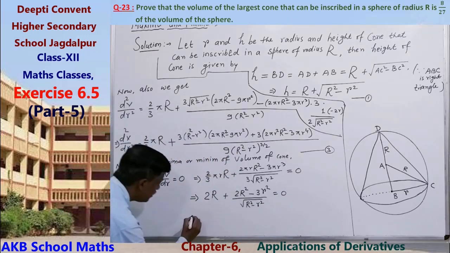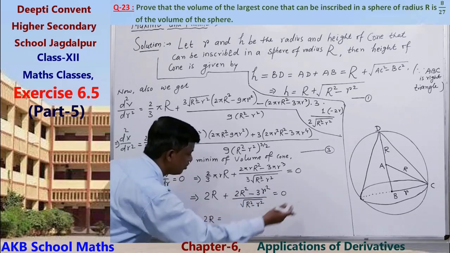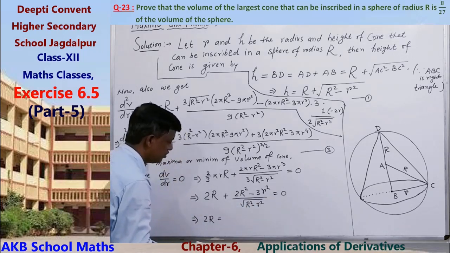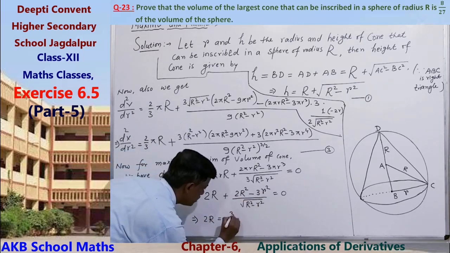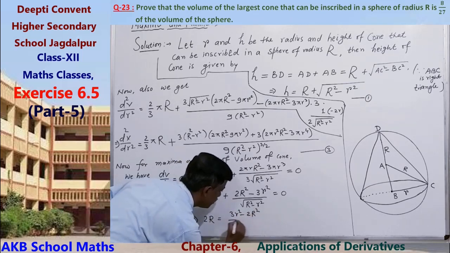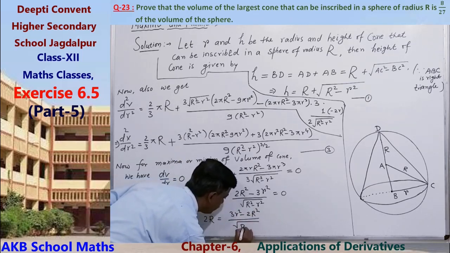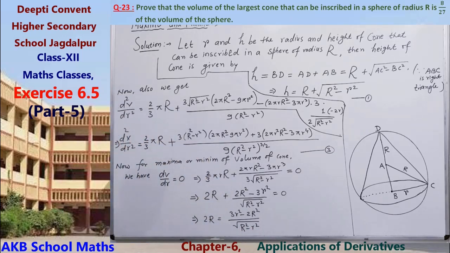So we can write from here 2R equals, taking it on the right hand side, we change its sign, so 3r square minus 2R square upon root of R square minus r square. Clear this?